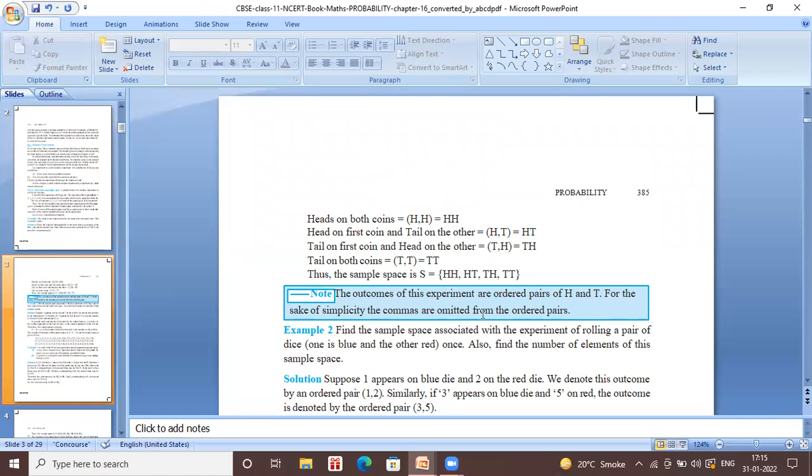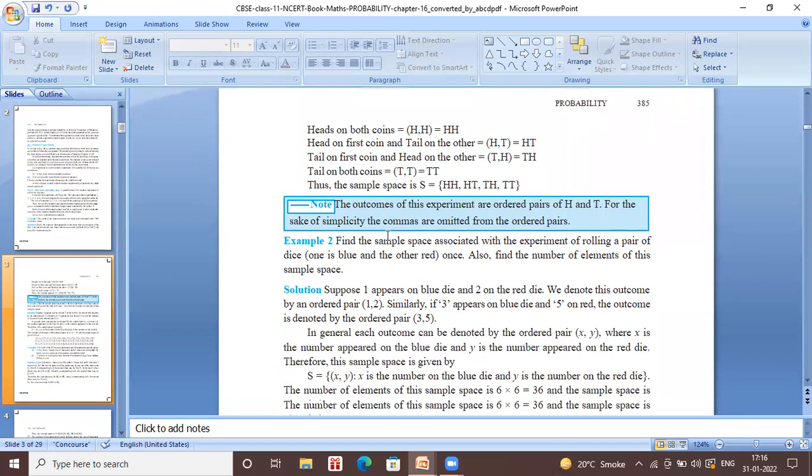Therefore, the outcomes of this experiment are ordered pairs of H and T. HT means the first shows head, the second tail. But TH means the first is tail, the second is head. Therefore, here order is important. This way, we have to find the sample space if a coin is tossed 2 times.